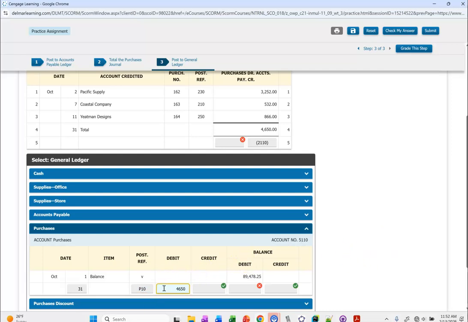This is now going to be a debit to the purchases journal, so I'm going to take the existing debit, which is 89,000 and change, and add to it that new debit, the 4650. 94128.